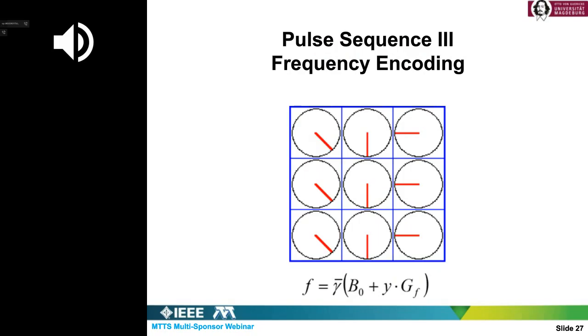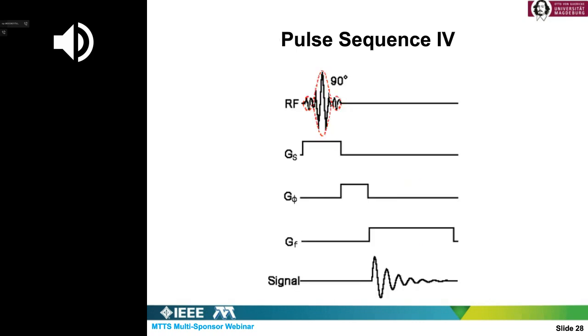Now we created in this selected slice for each X a certain phase and for each Y a certain frequency. If we now collect the radiation coming back from the body, using a very, very simple Fourier transform, we can reconstruct the image itself.